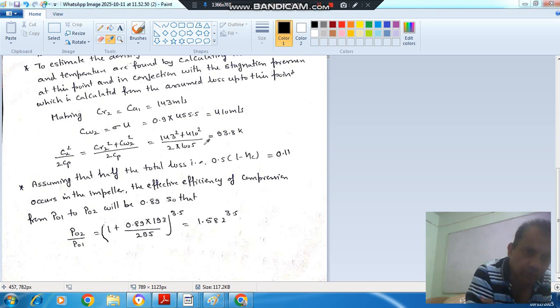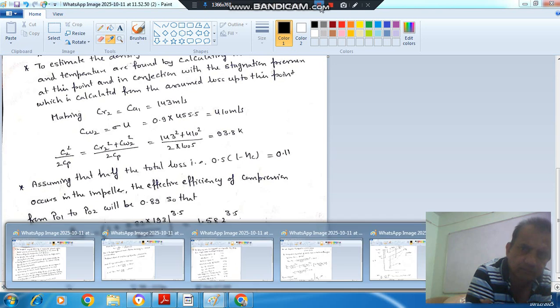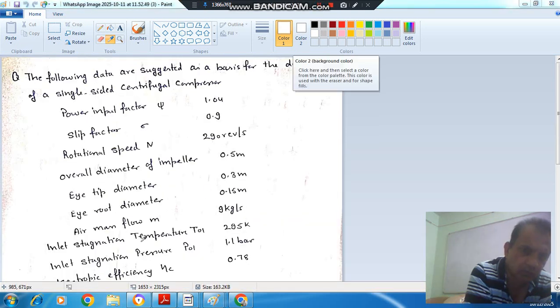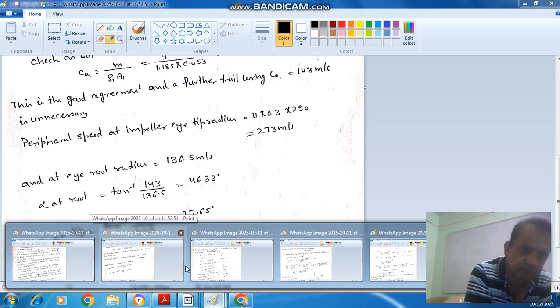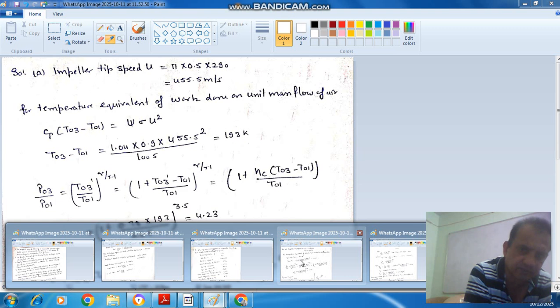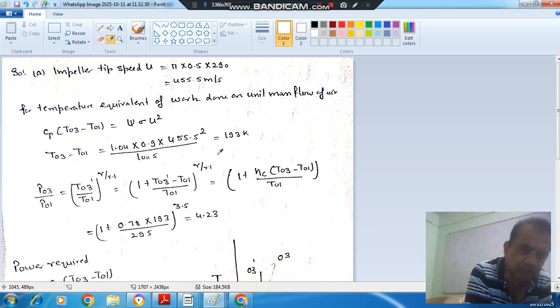Now we have found the dynamic temperature, that is 93.8, and if we subtract it from the stagnation temperature at the exit of the compressor, we get the static temperature. In the question, inlet stagnation temperature is given, that is 295, and we have calculated the temperature rise also, that is 193.